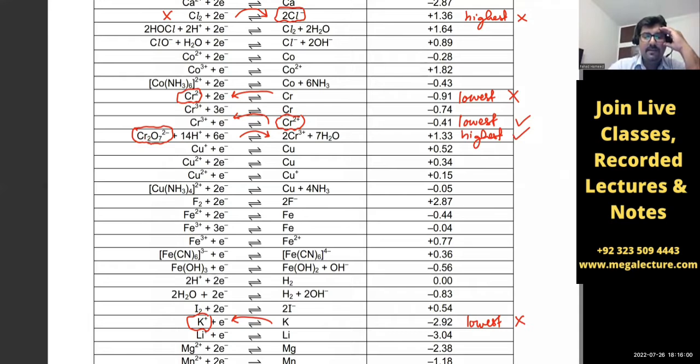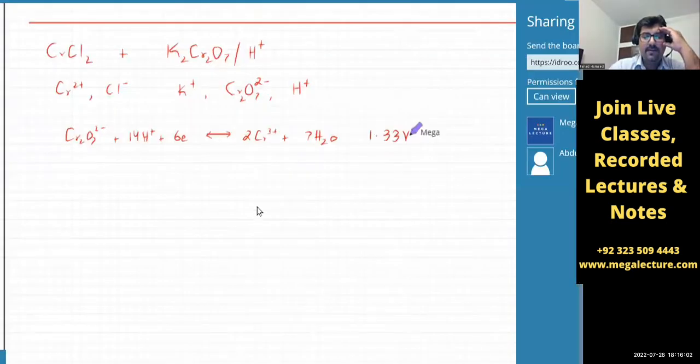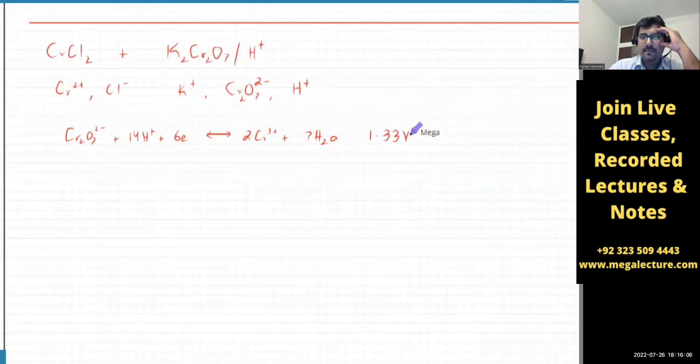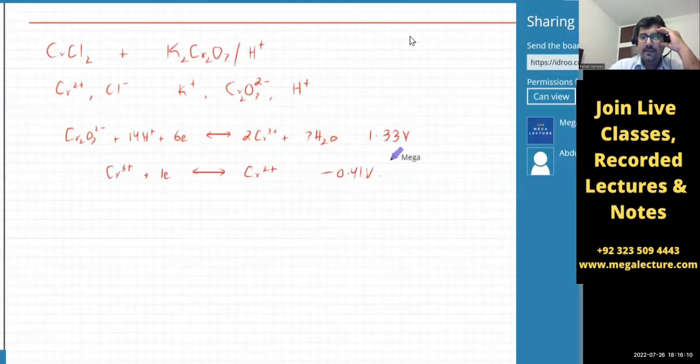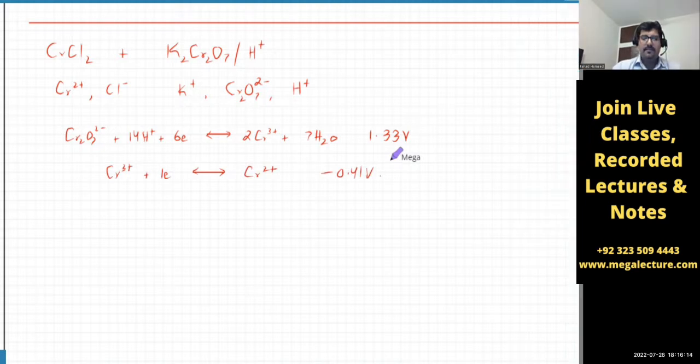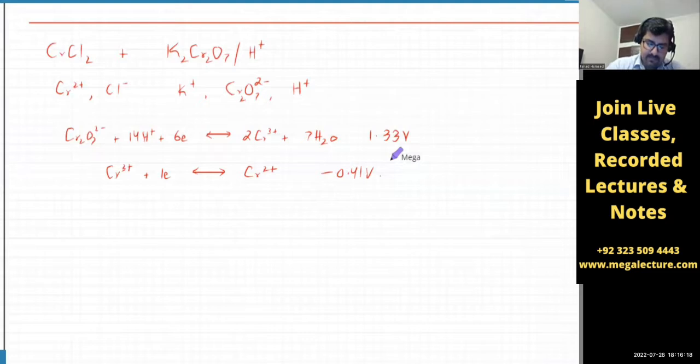And then in the end, you just have to make the overall reaction. I've written down the two reactions. The highest one gains electrons, and the lowest one loses electrons.